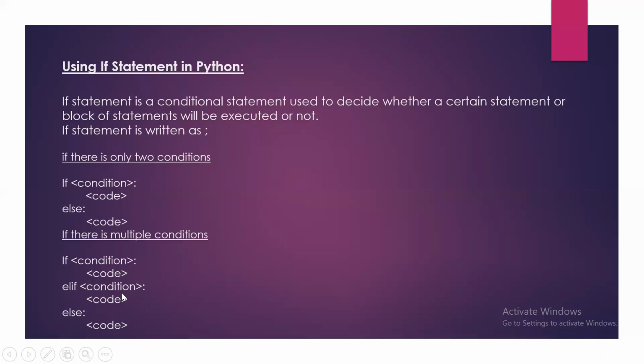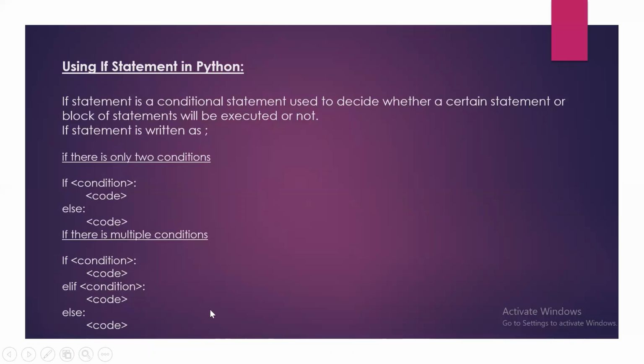And even if this condition is not true, then we give the else key and specify the code which we want to run if both the specified conditions are not true.